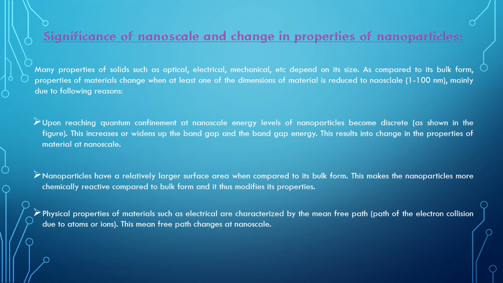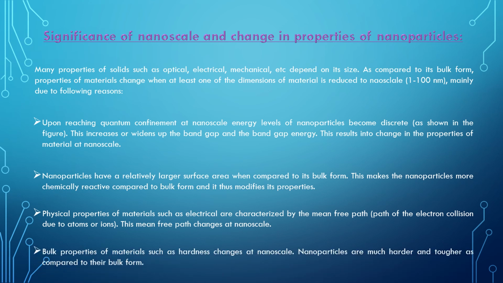This mean free path changes at nanoscale, and so do the properties of nanomaterials. And last, bulk properties of a material such as hardness change at nanoscale. Nanoparticles are much harder and tougher as compared to their bulk form.